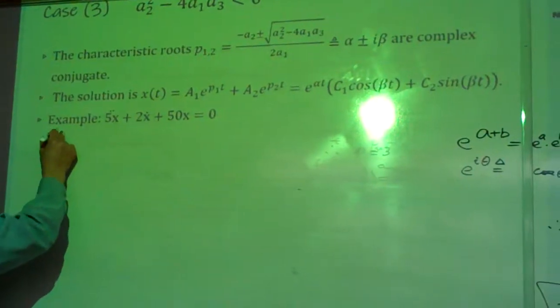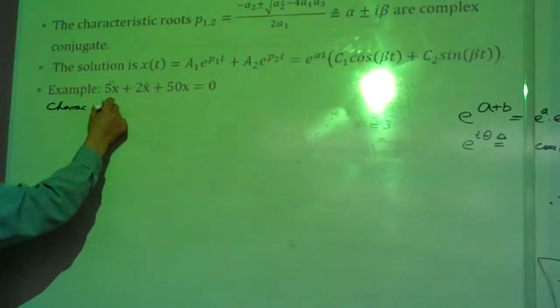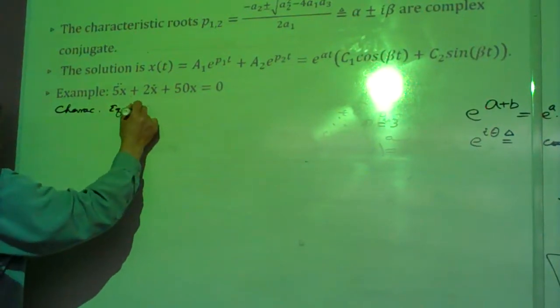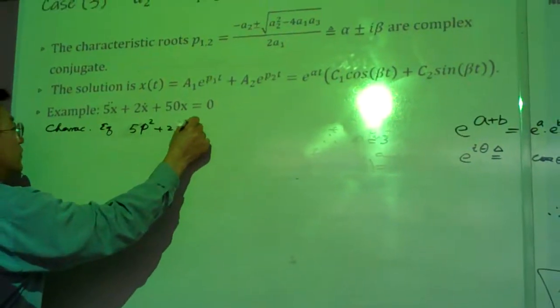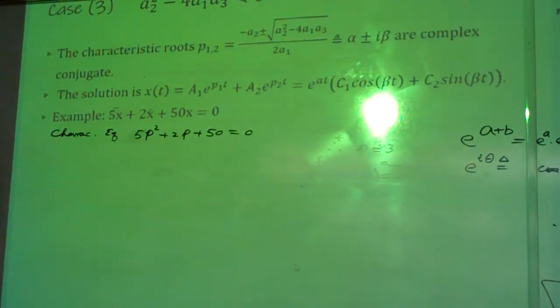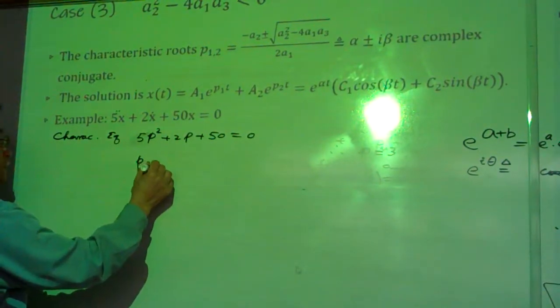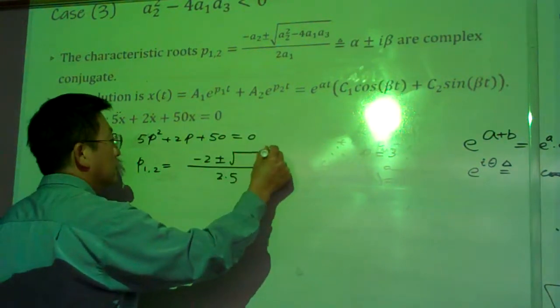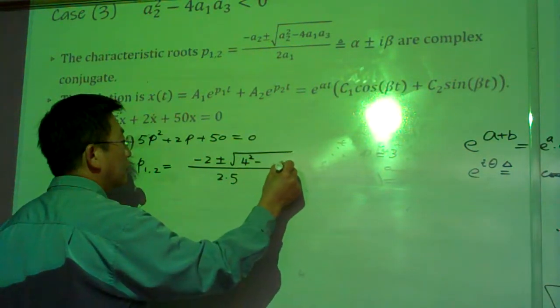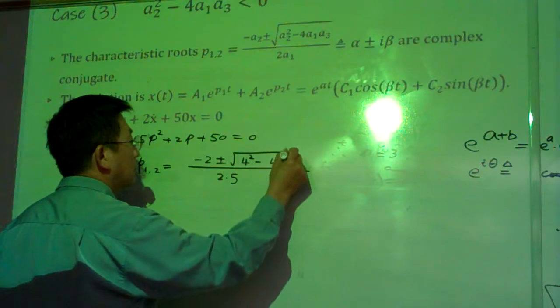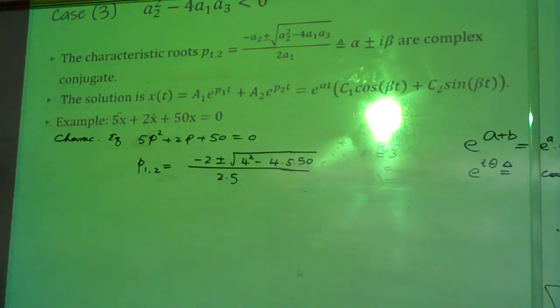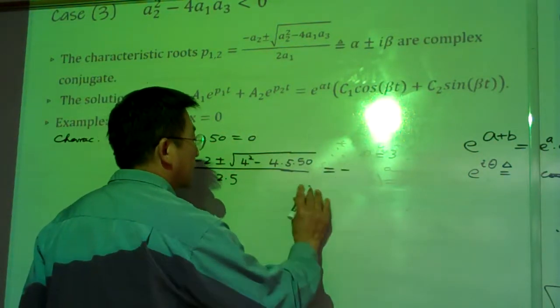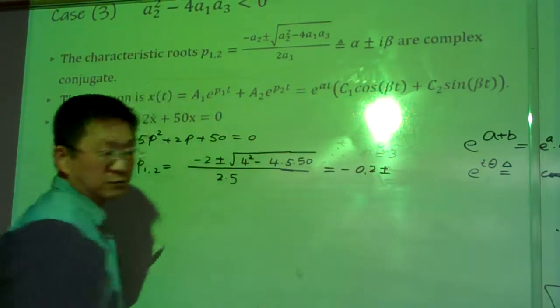So starting from the beginning, the characteristic equation is 5p squared plus 2p plus 50 equal to 0. So p1,2 will be equal to minus b plus or minus the square root, and we plug into the formula there, and that is equal to minus 0.2 plus or minus j.